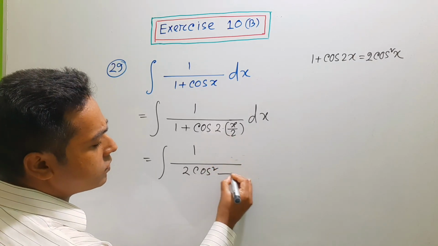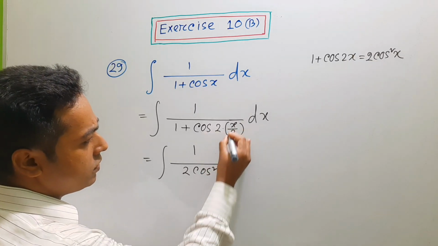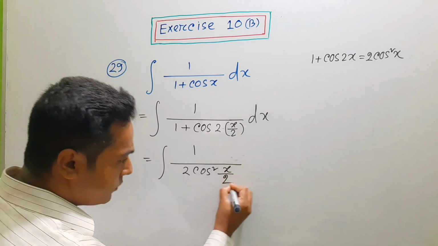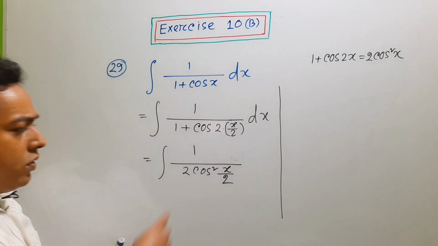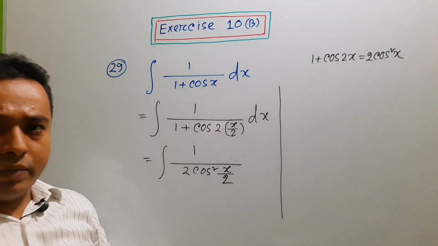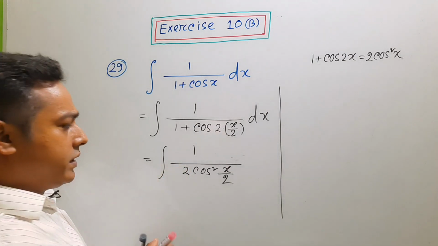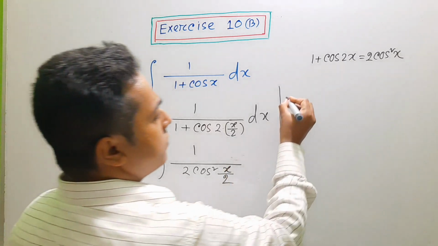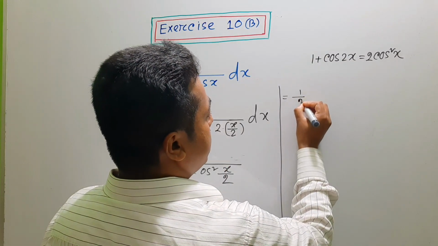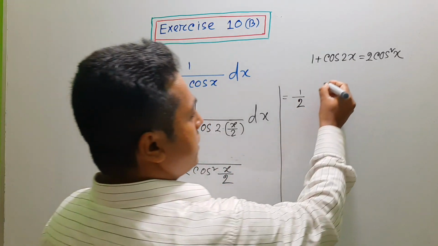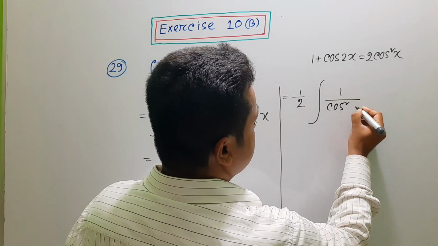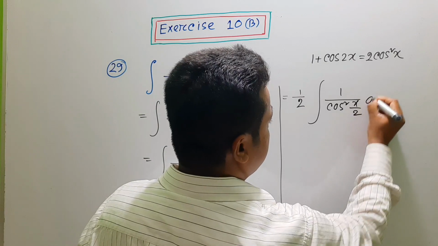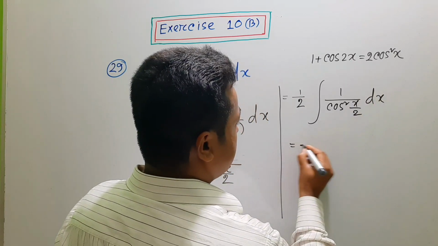Here consider x is equal to x by 2. Now 1 by 2 is a constant number, so we can write 1 divided by 2 integration of 1 by cos square x by 2 into dx.